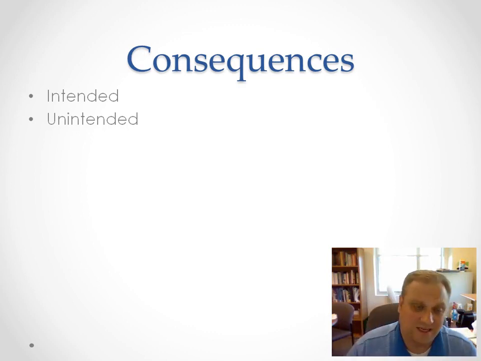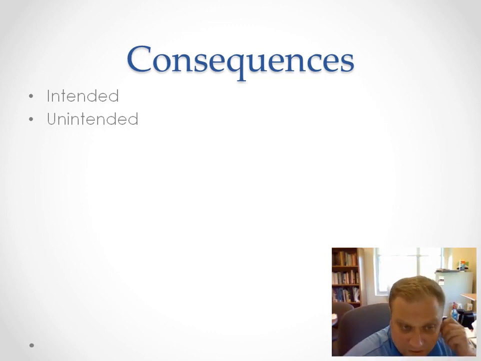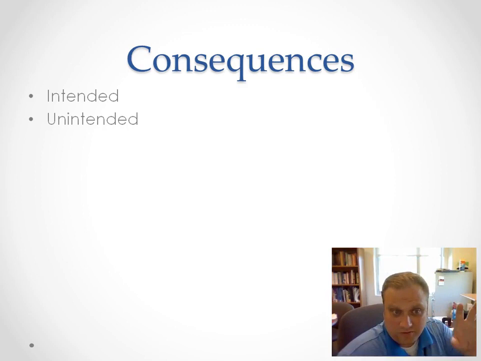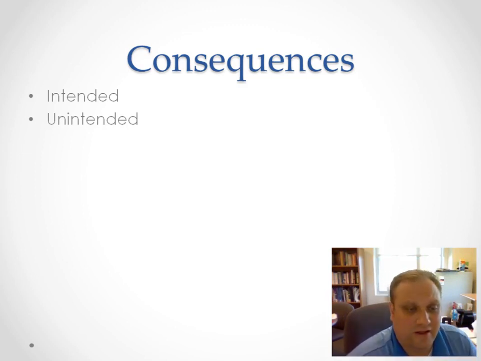So you could say that's intended. Some of those are unintended. So you do have to run a rather complete analysis of it. So just something to keep in mind as you look at all policies.